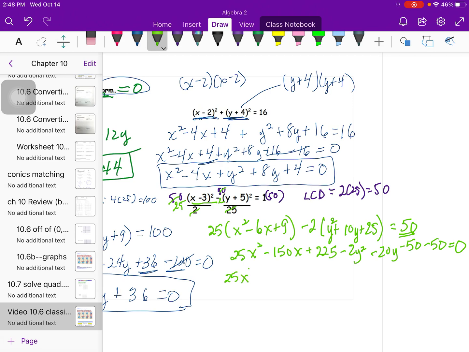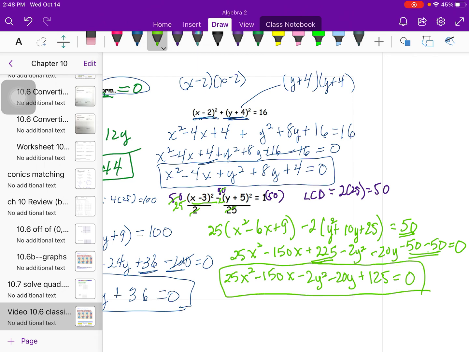So 25x squared minus 150x minus 2y squared minus 20y. So we've got 225 minus 100 is plus 125. And there I have my hyperbola in an expanded form.